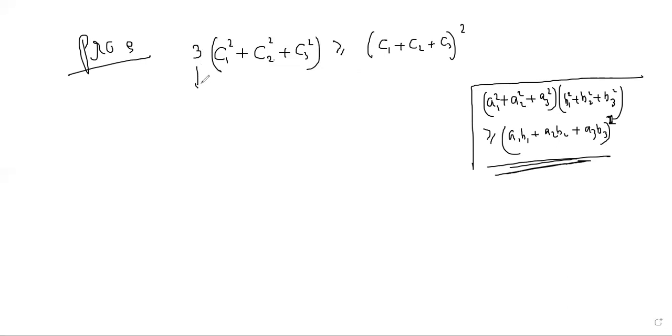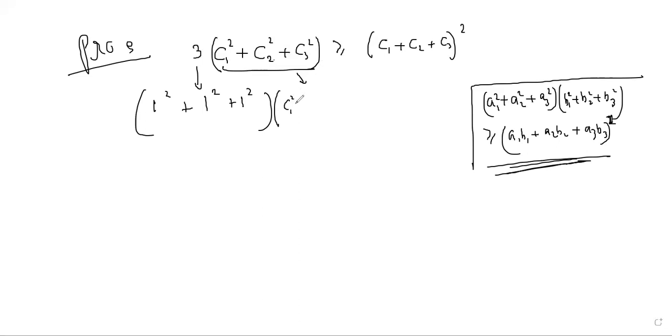So you need to write the 3 as something square plus something square plus something square. It's on the left side. It's on the greater side. So you can write it like that, and then this is already in the right form.